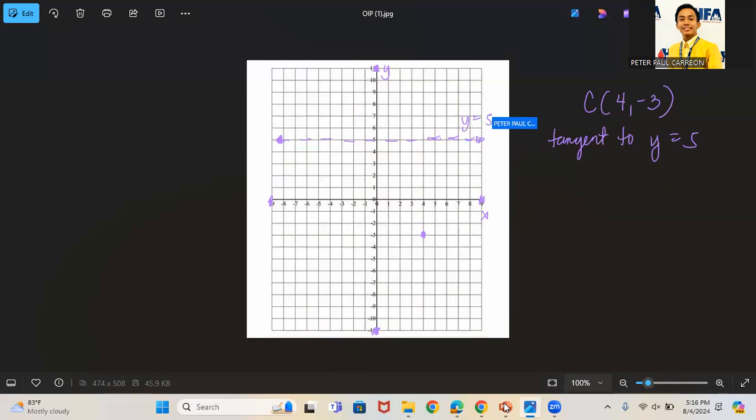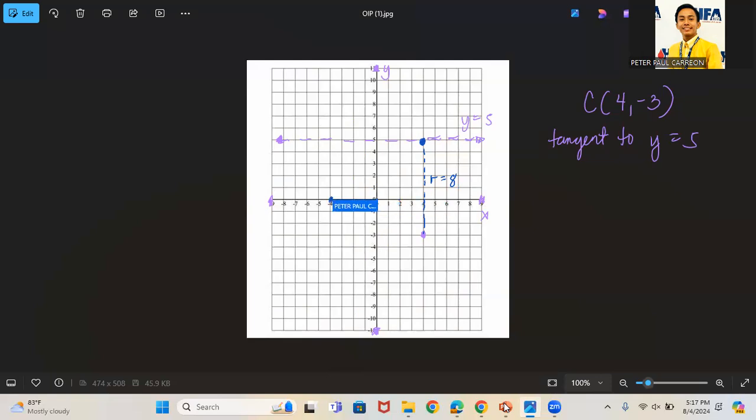Since it touches the line y = 5, this is one of the vertices that will represent it. So obviously we have 2 units, 4, 6, 8. So our r is equal to 8. Completing it, let's have 8 units also to the left: 2, 4, 6, 8.